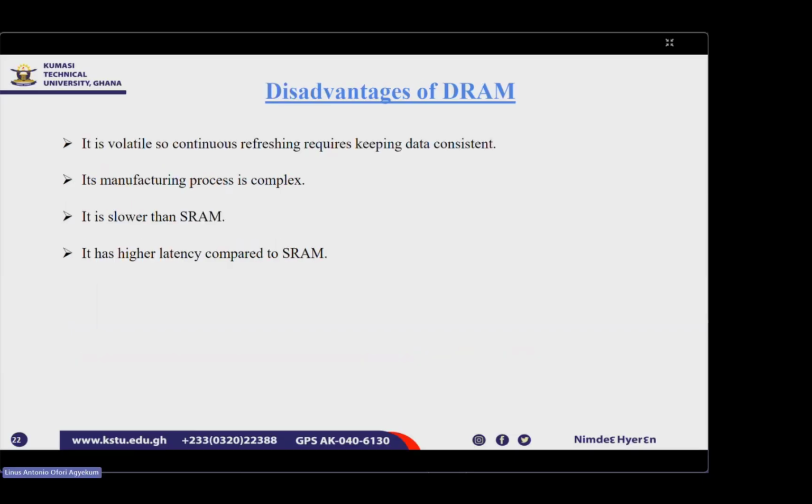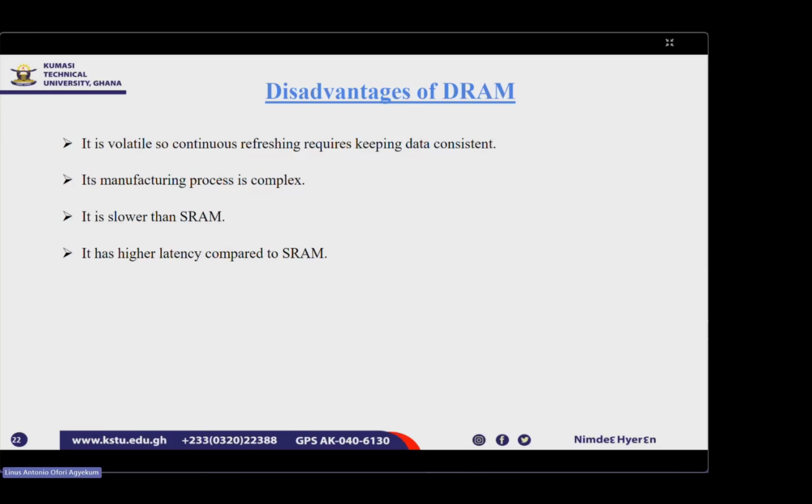So the disadvantage is that it is volatile. And that is the reason why we would continue refreshing it to keep data consistency. Its manufacturing process is complex, which is a disadvantage, although when you compare it to that of the SRAM, the SRAM is more complex.